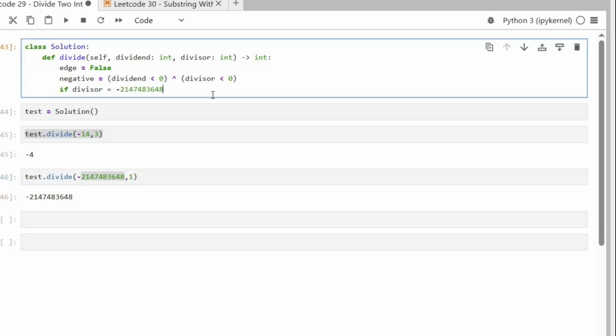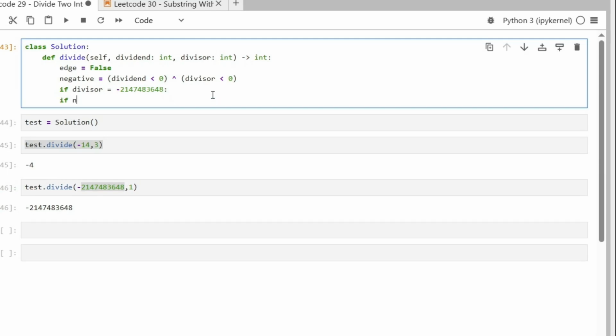Okay. Then we have edge case. If negative, so I will explain this. This is the divisor. So we are dividing dividend by the divisor. If the divisor is this number, the result could be 0 or 1 or -1, because the dividend cannot be bigger than this to have an answer like 2 or 3 or 4.